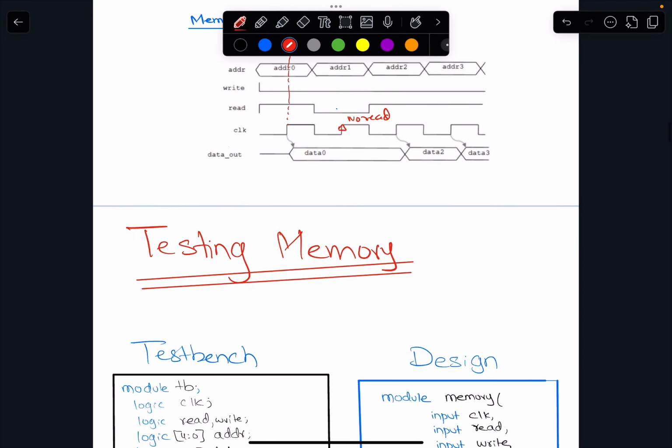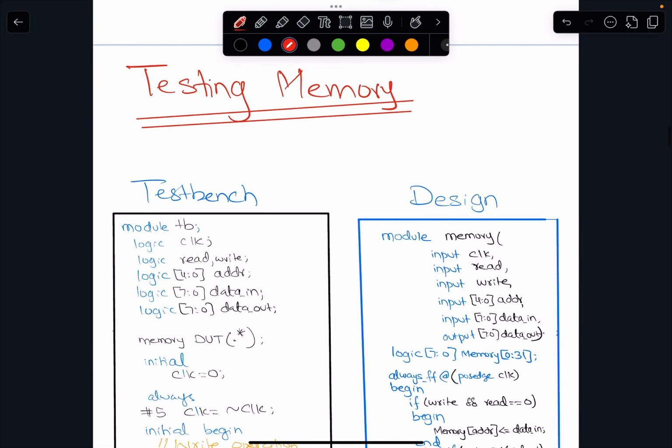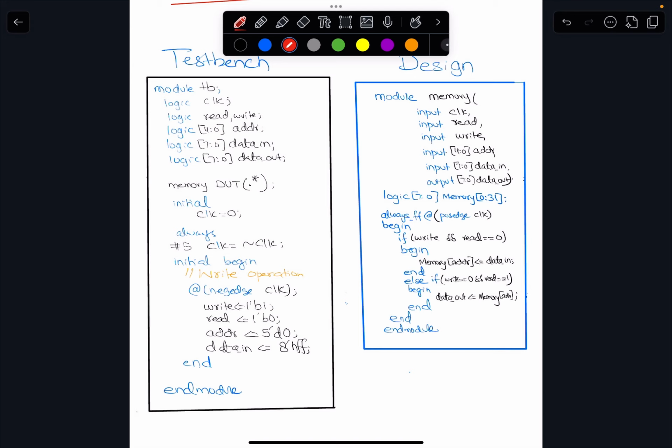Now in order to design this memory and then test it, typically what you do, and you have been doing it in your alternate design classes, is design it in SystemVerilog or Verilog. For a memory, you specify the ports: input clock, read, write, address and data.